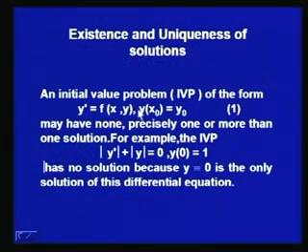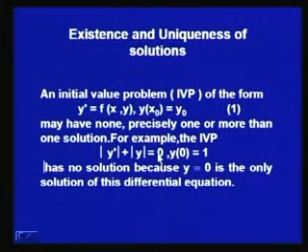We could obtain a particular solution of the differential equation by finding the value of the constant c which occurs in the general solution using the initial condition y(x naught) equal to y naught. But in the general case, an initial value problem y dash equal to f(x, y), where y(x naught) is equal to y naught, may not have any solution, or it may have a unique solution, or it may have more than one solution.